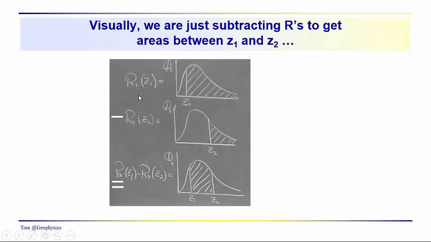So the difference in these two response functions gives us the area between z1 and z2 under the relative response function. So all we're doing is just subtracting R2 from R1.